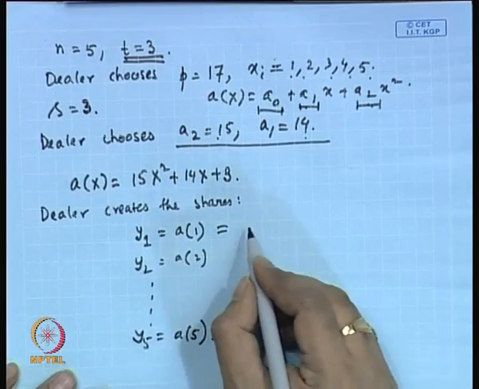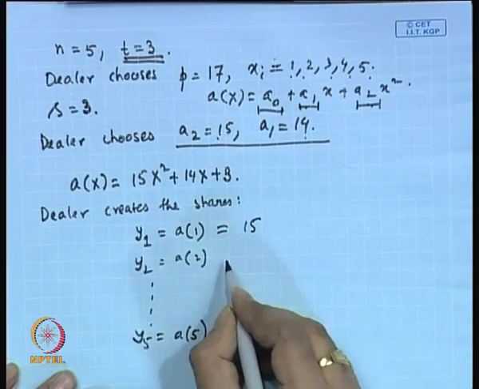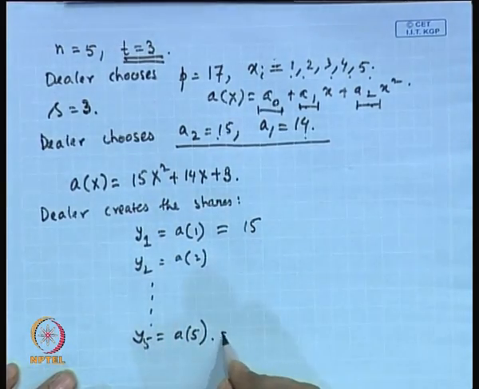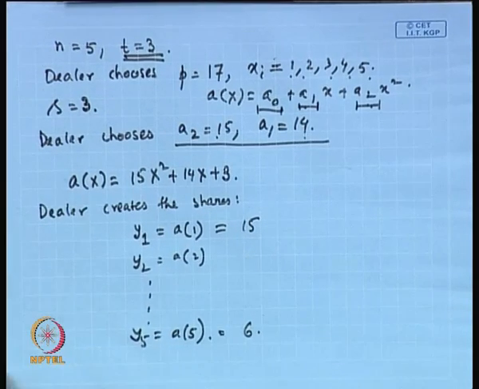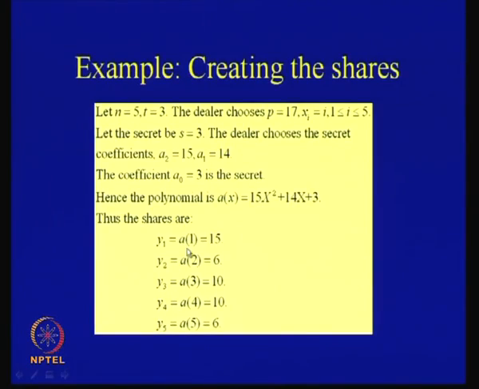If you plug in these values and check, the first will be equal to 15 and the next will be 6. The details are here. So the shares are y1 equal to 15, y2 equal to 6, y3 equal to 10, y4 equal to 10 and y5 equal to 6. These are the corresponding shares which are created.